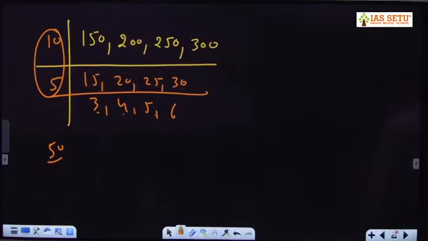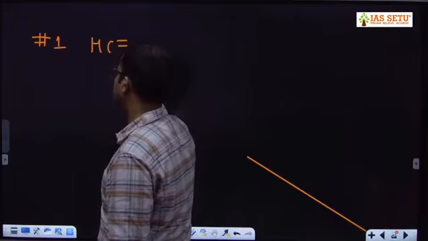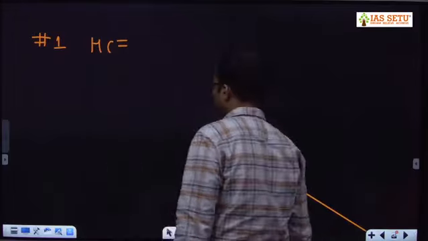Now I give you 2 observations about HCF. Observation number 1. HCF of co-prime numbers is always 1.